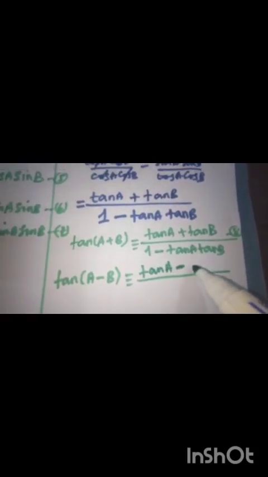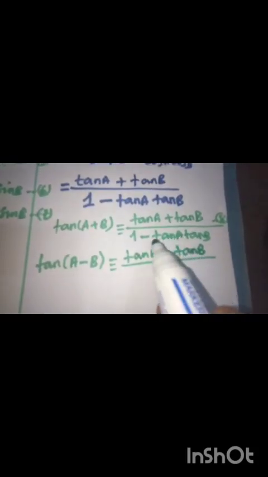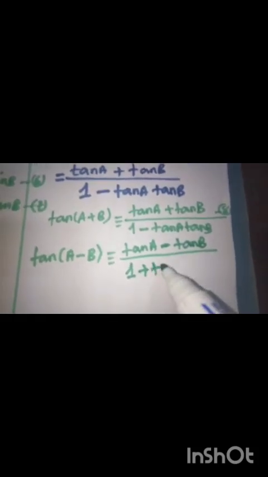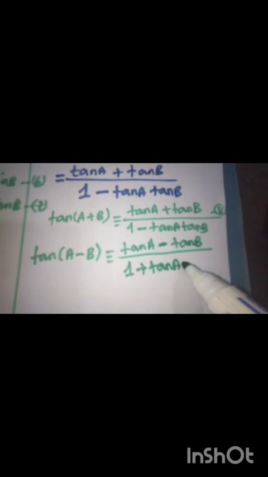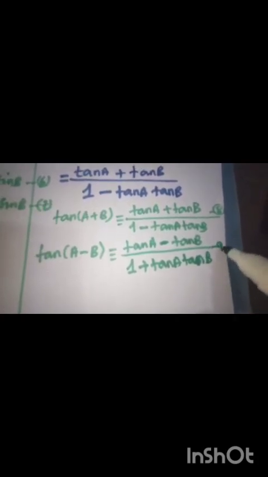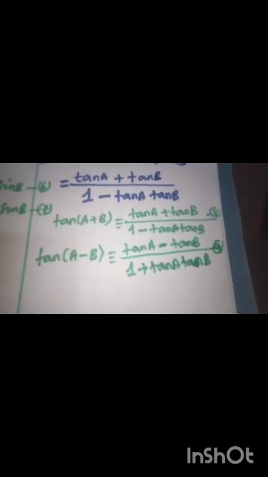Then tan is an odd function, as tan of negative theta is negative tan theta. So in place of positive B, we just replace negative B, which gives us tan A minus tan B over 1 plus tan A tan B. That gives us the 9th identity.